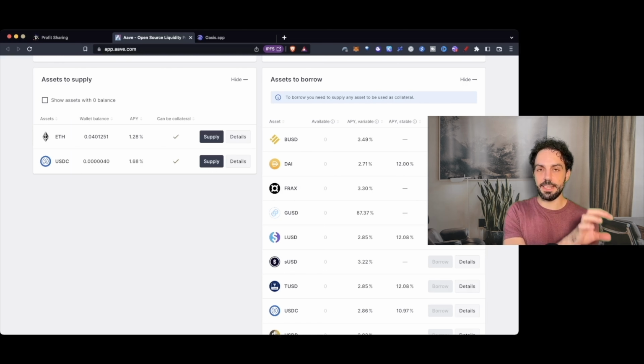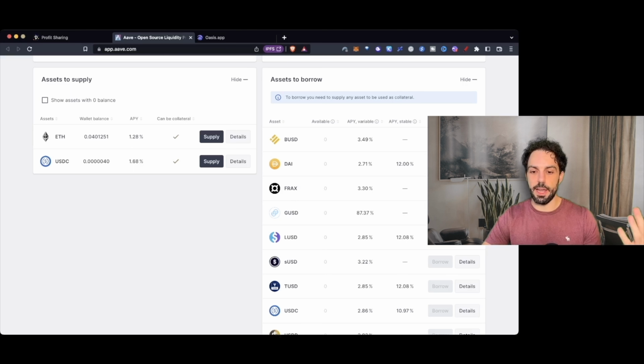So it means that if you have $1,000 of Ethereum, you can use it to borrow something else, let's say a stablecoin like BUSD, and the ratio is usually something that is safe. Let's say that the percentage is 60%. So if you have $1,000, you can borrow at maximum 60% of the value of what you have supplied. In this case, it is $600.